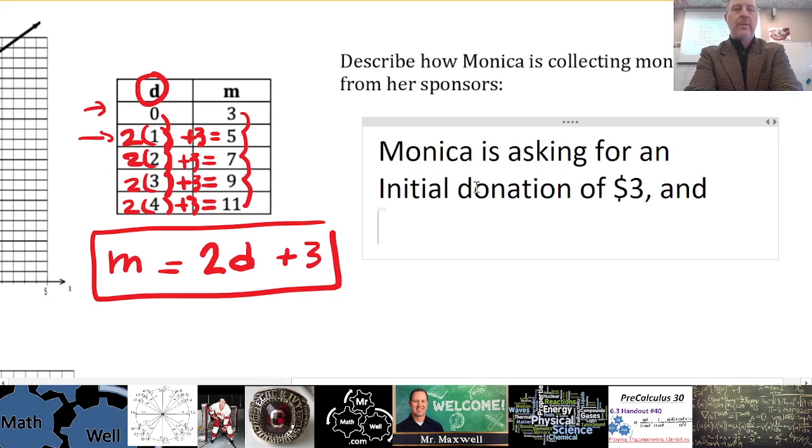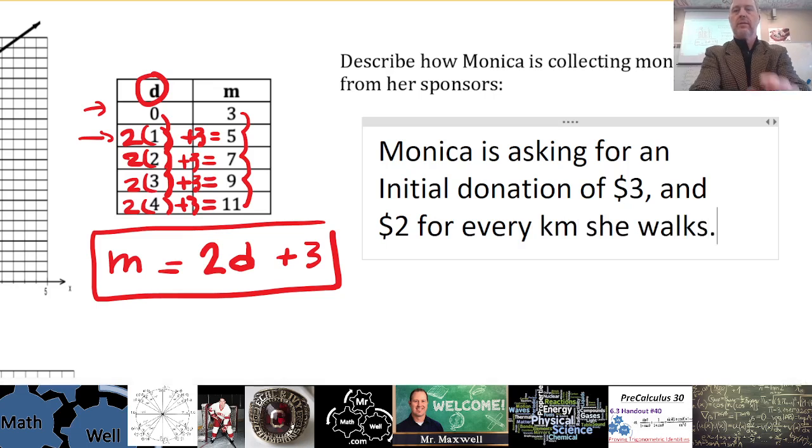And how much is she asking for every kilometer that she walks after that then? She's asking for $2 for every kilometer she walks. So let's finish that off. And $2 for every kilometer she walks. Okay, thank you. That is absolutely correct.